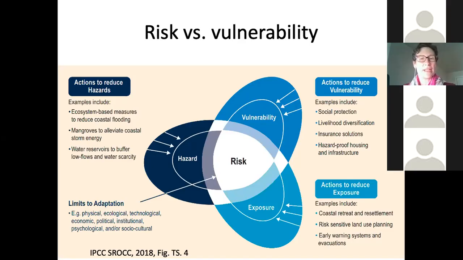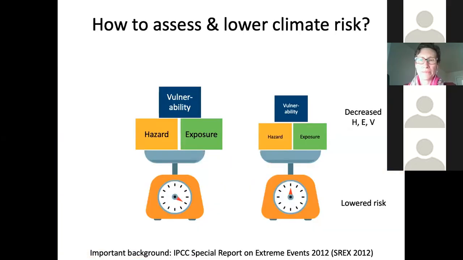And vulnerability is a little more complex. It's the possibility of being harmed. So vulnerability encompasses a variety of concepts that include sensitivity to harm and the lack of capacity to cope and adapt. So you can see that vulnerability and risk involve at minimum multiple variables with different measurement systems. And these variables can span different geographic or temporal scales. Next slide, please.